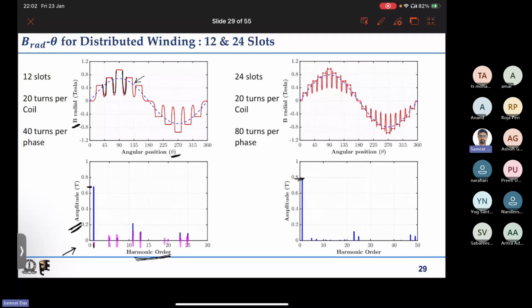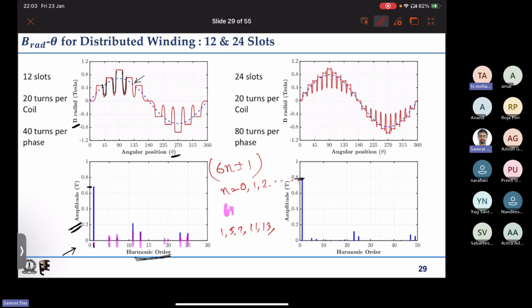We do not have triplen harmonics; third harmonics we do not have. Here n goes from 0, 1, 2 like this. For 0 it is only the fundamental, there is no negative. So we have 1, 5, 7, 11, 13. Generally we have odd harmonics only because we have half-wave symmetry in our B distribution waveforms.